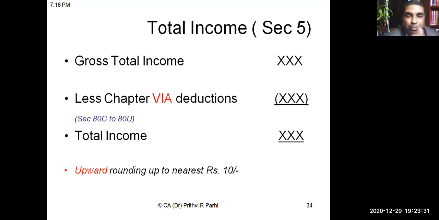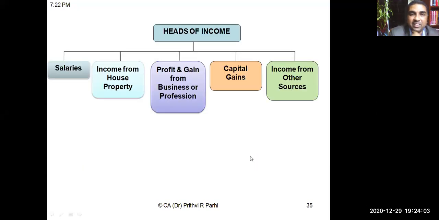That is called upward rounding. 5 and above will be converted to the next higher number which is divisible by 10. So this is the definition of total income, and we are interested to know total income. So gross total income minus Chapter 6A deductions. Is it clear?